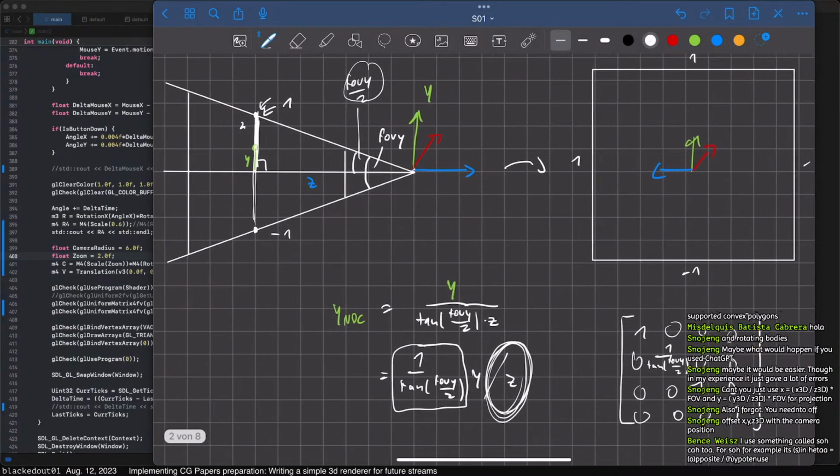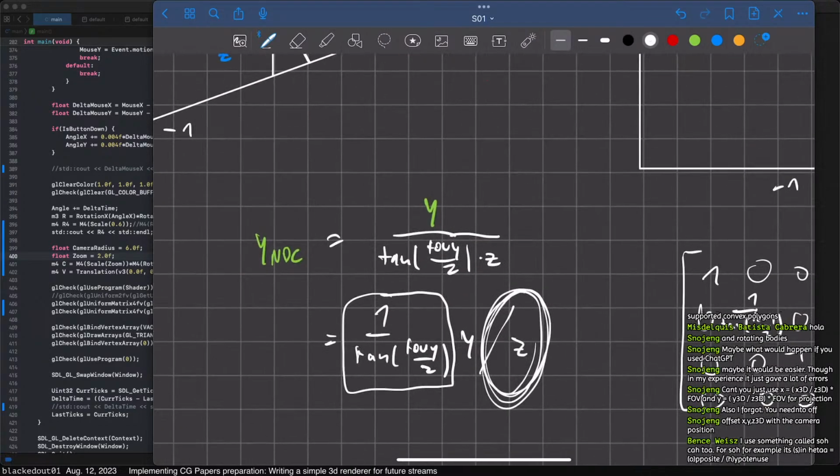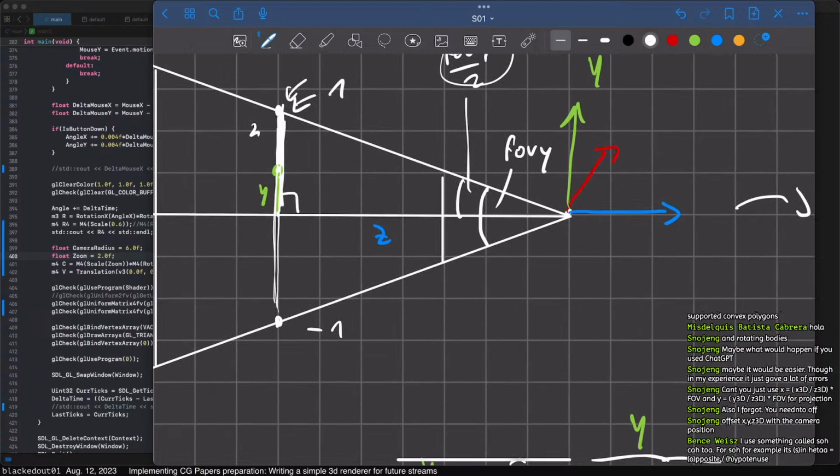Also, what I forgot to mention, we need to divide by negative z, because we assume this axis points in this direction, but we want to have the positive length of this axis.